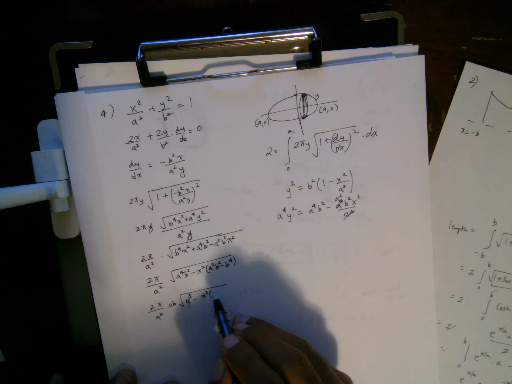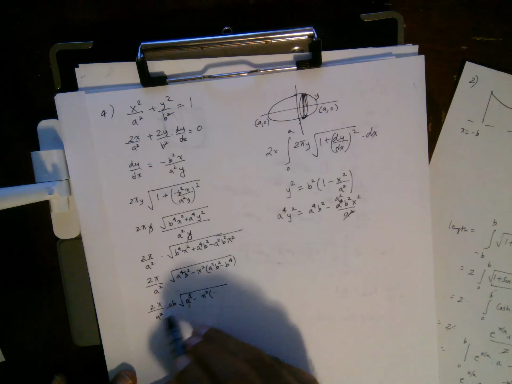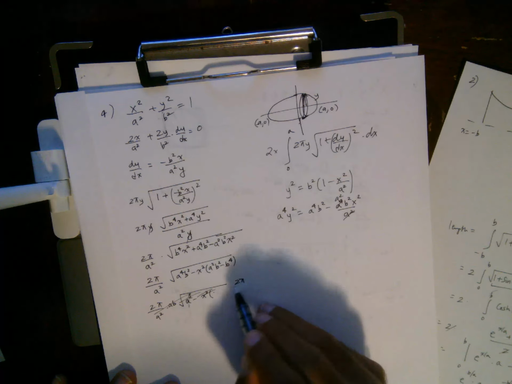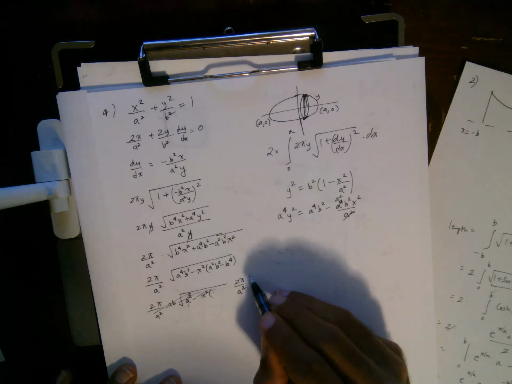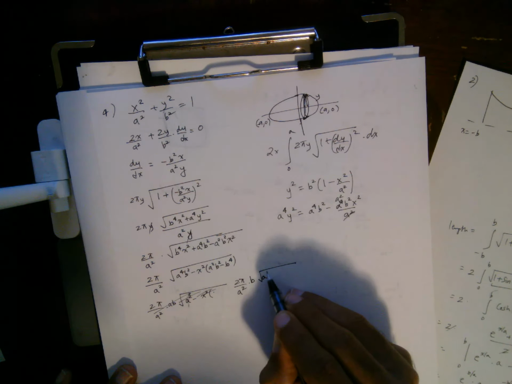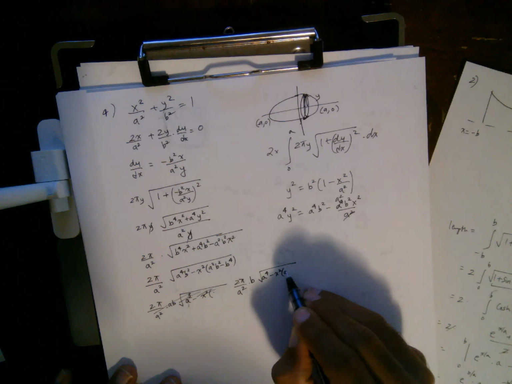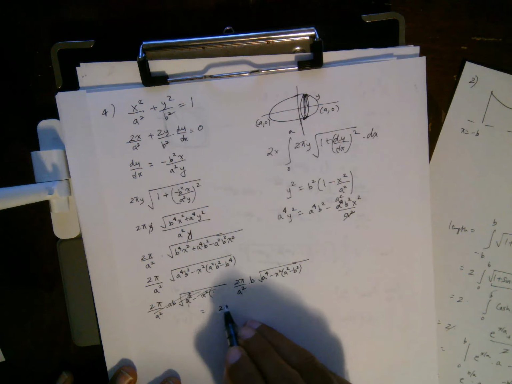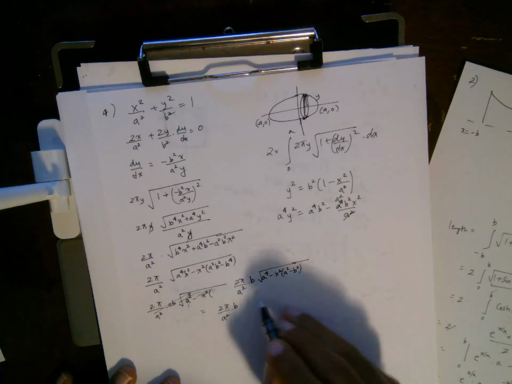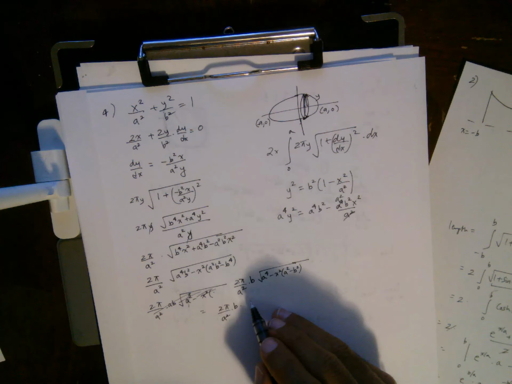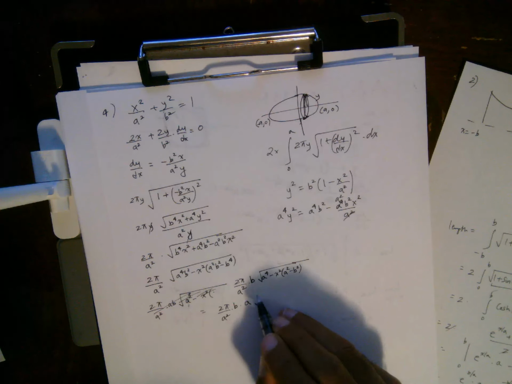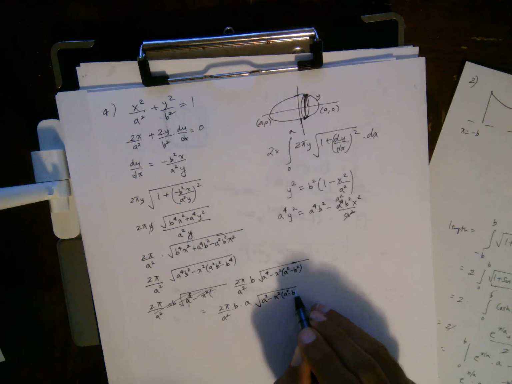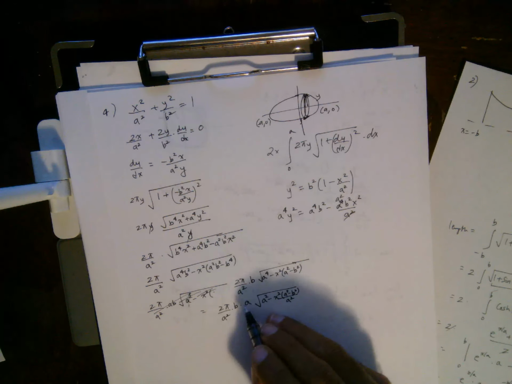So that would be, oh wait, it's not, okay, let's factor out a b first, so I don't make a mistake. That leaves me with a to the 4 minus x squared, a squared minus b squared. Alright, now let's factor out an a squared. So that's going to leave me with a squared minus x squared, a squared minus b squared over a squared.